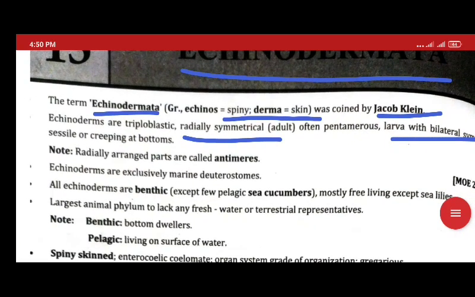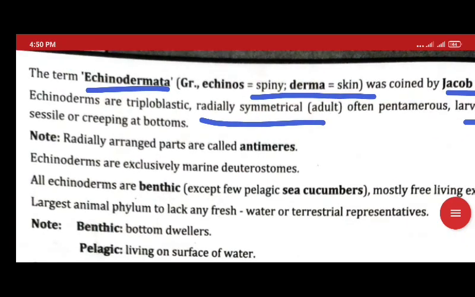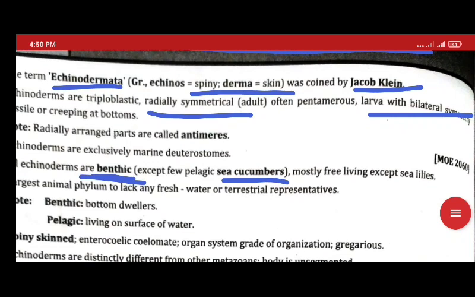The animals in this phylum are totally marine and all are benthic, meaning living on the surface or bottom of the sea, except the sea cucumber, which is on the surface of the water. Mostly free living except sea lilies.